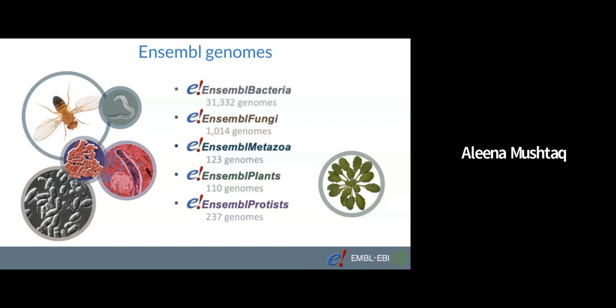Ensembl Genomes also has Ensembl bacteria, fungi, metazoa, plants, and protist species. And these are color-coded, as you can see on the slide, and all of them follow the same logic and organization as the main Ensembl site.